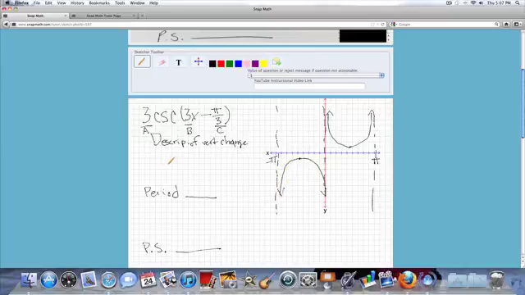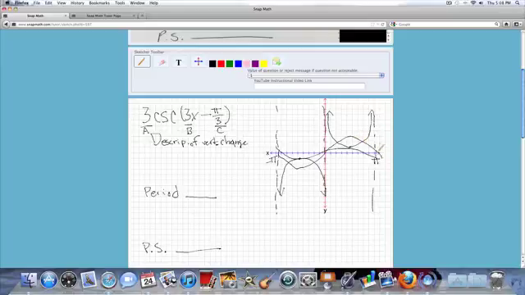To describe the vertex changes, we're going to take A. This 3 just multiplies, and it's the amplitude of the sine function. If we look at the sine function, it looks like this. If this was on the sine function, it would be more amplified, so it would go all the way down to negative 3 and back up to 3.